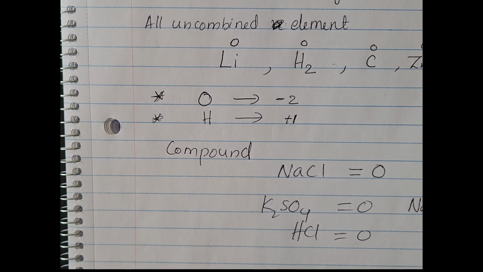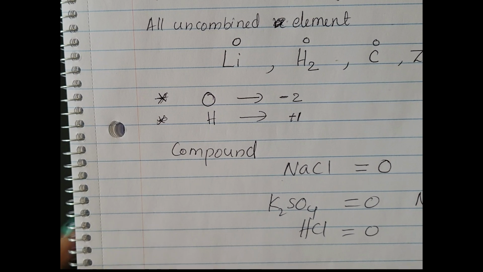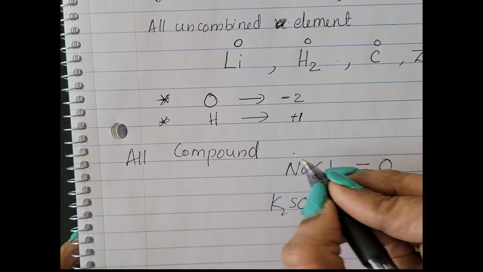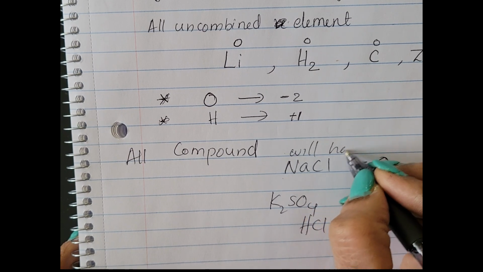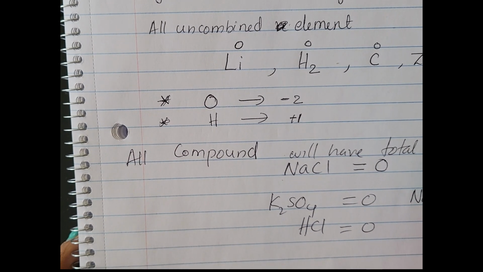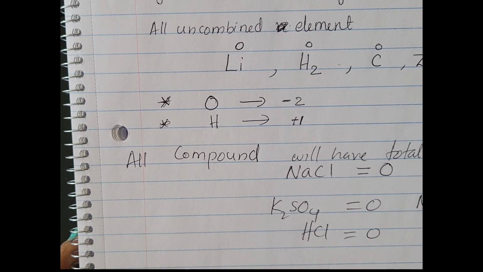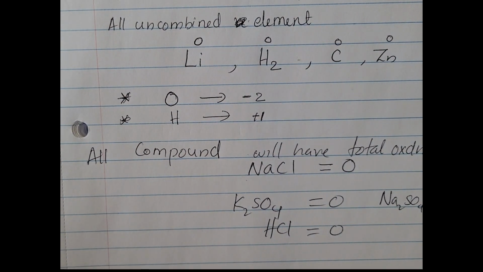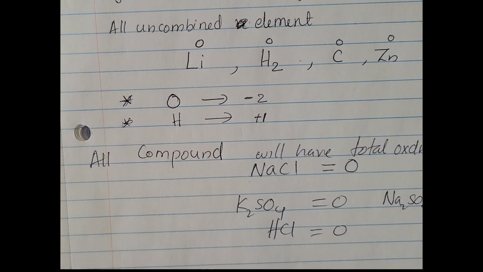The total number of electrons must be equal. Okay, so all compounds will have a total oxidation number of 0.